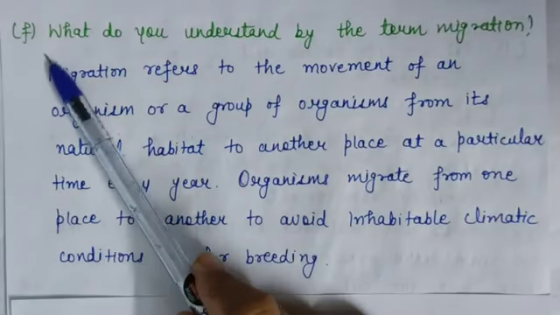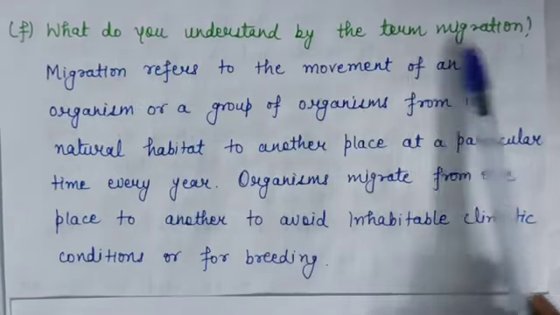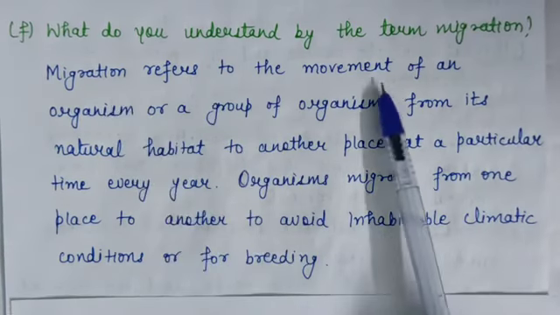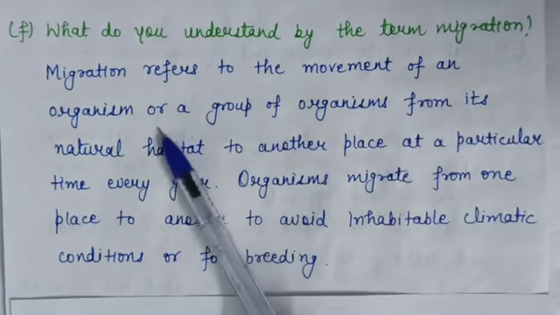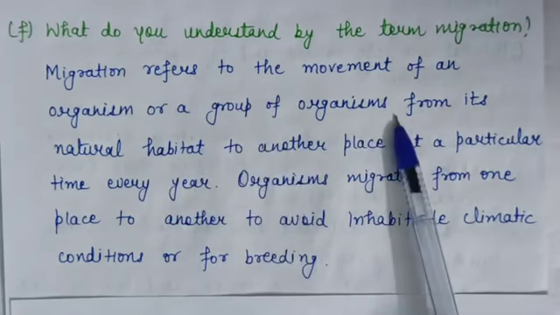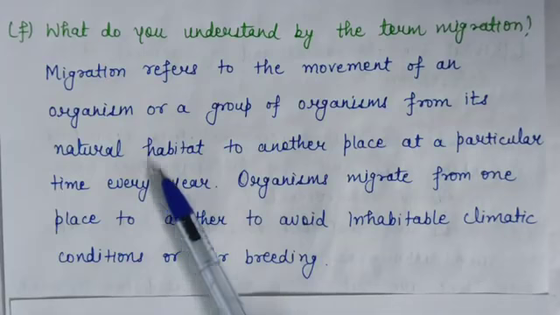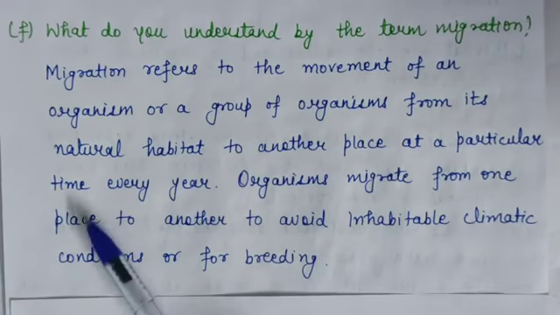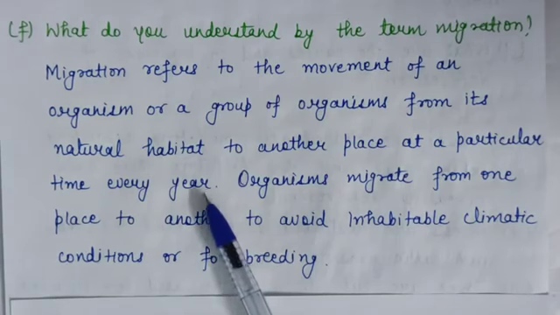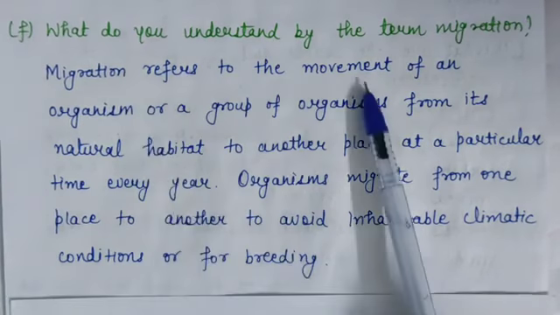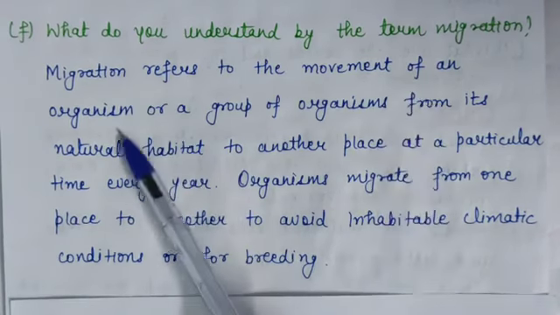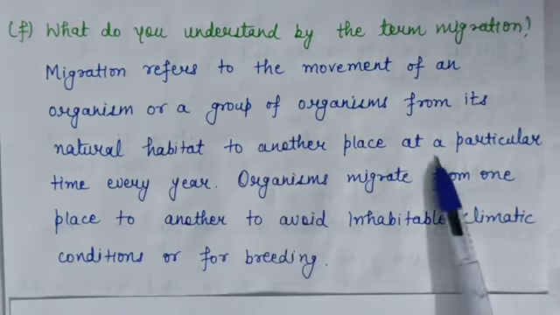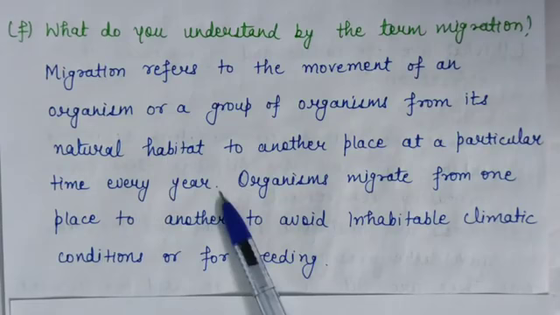Now next part is, what do you understand by the term migration? Answer is, migration refers to the movement of an organism or a group of organisms from its natural habitat to another place at a particular time every year. Means migration means movement of an organism from one place to another place at a particular time every year.